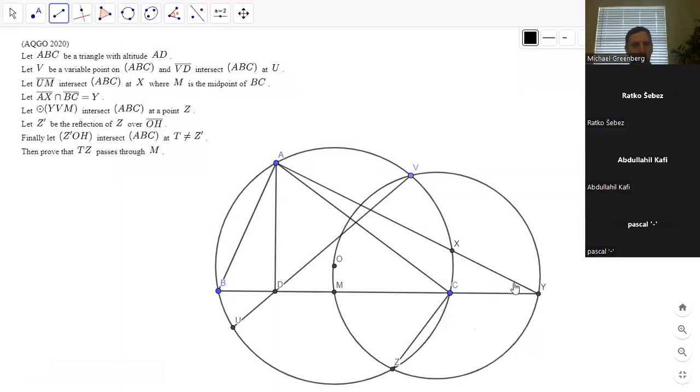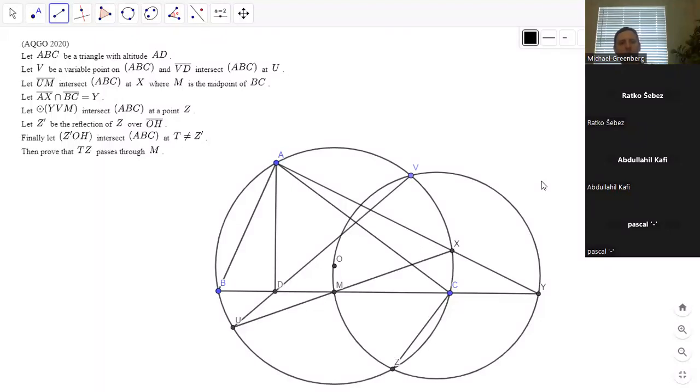Is there anything else I need to draw here? UM, I need to draw UM. And it intersects it at X. Okay. AX intersects BC at Y. Okay, so first let's try to show Z is the antipode of A.